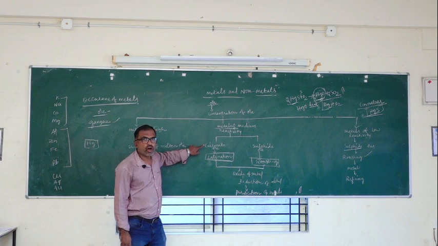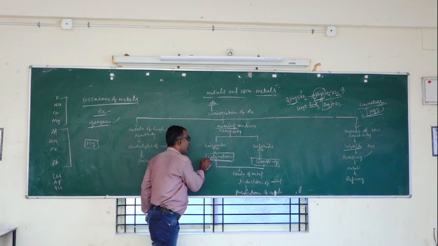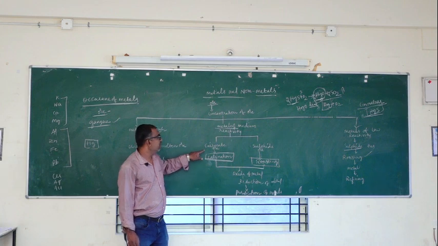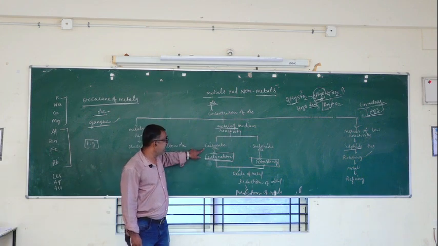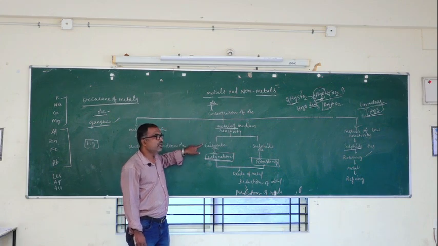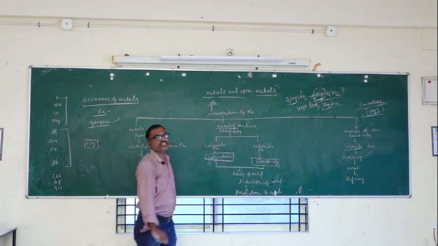Calcination means carbonate ores are heated just below the melting point in a limited supply of air or in the absence of air. This process is called calcination.